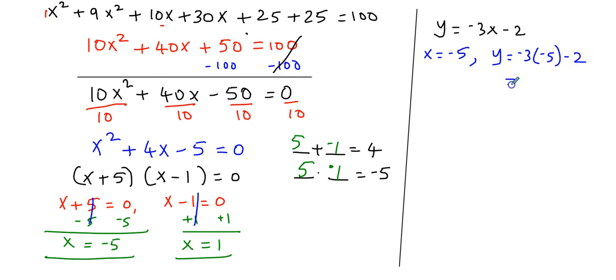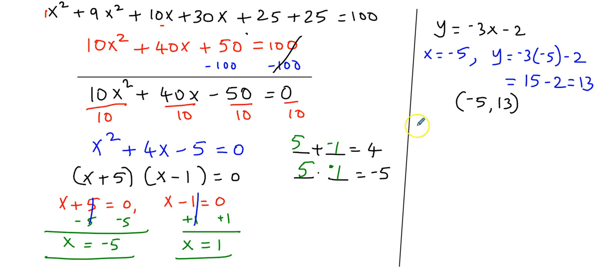So -3 times -5 is +15, minus 2, that is 13. The value of y is 13. So my point of intersection is (-5, 13). Alright, that is one point of intersection you got.